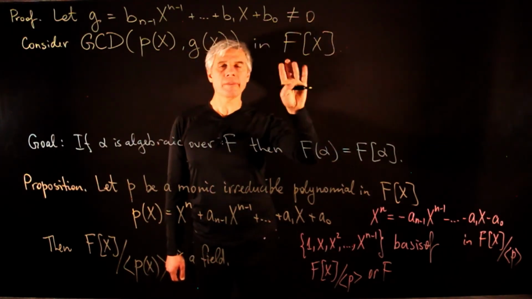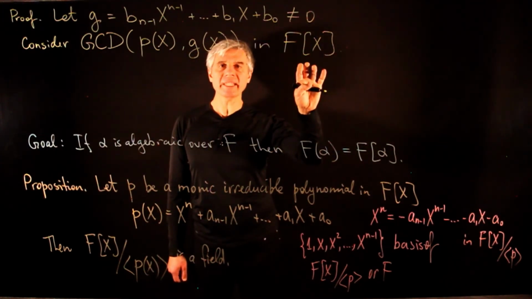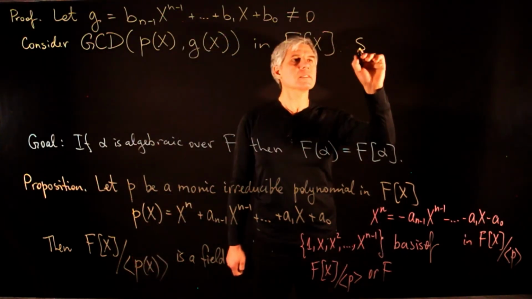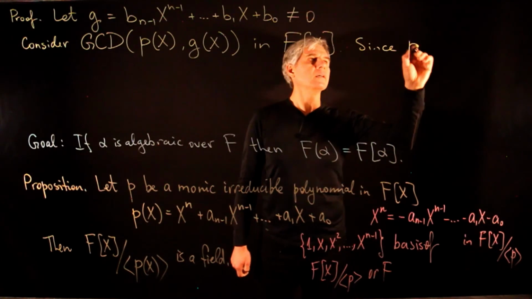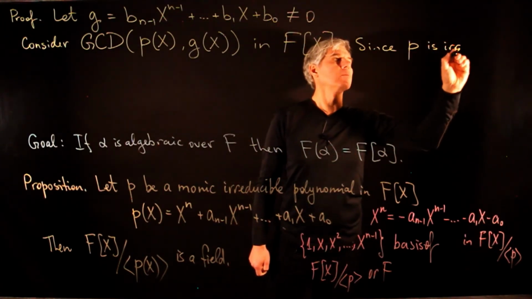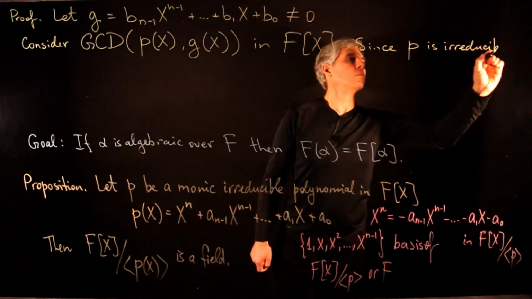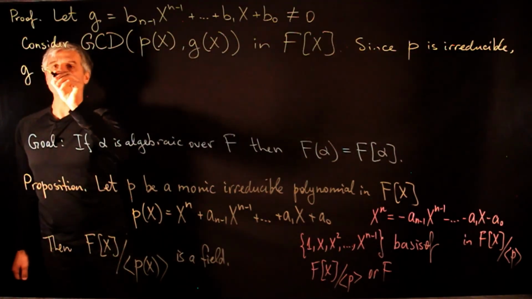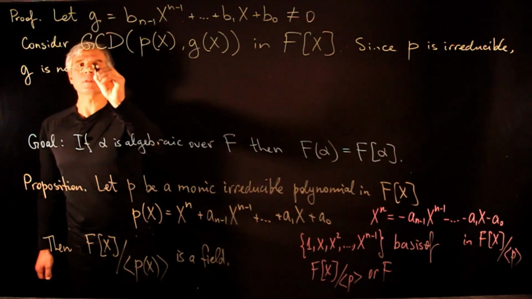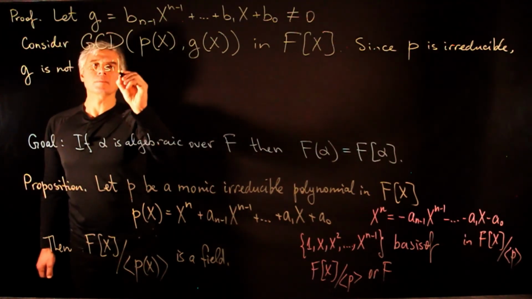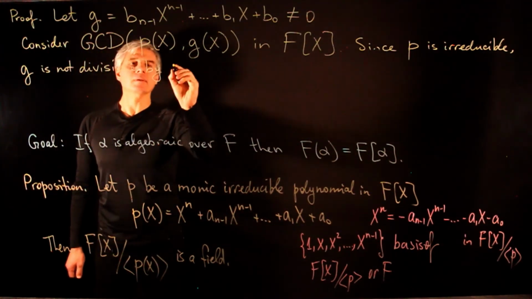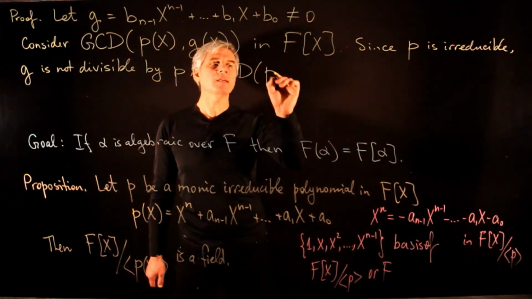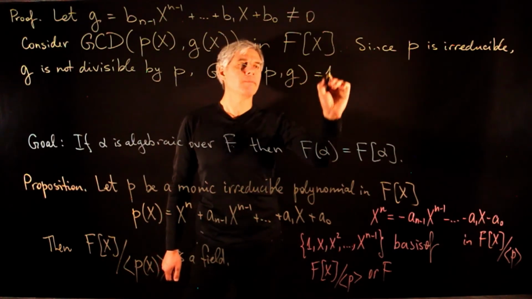We know that in the ring of polynomials we have a Euclidean algorithm, and thus we can compute the greatest common divisors. Since p is irreducible and g is not divisible by p, we conclude that this greatest common divisor of p and g must be equal to 1.